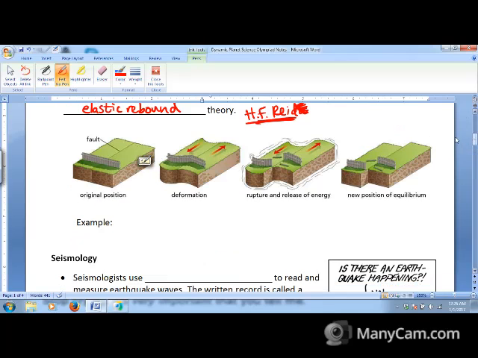So here's the basics of elastic rebound theory. We're going to monitor the progress of a fence, and we're going to say that there is some tension, some stress going along this plate and this plate that essentially causes some sort of a deformation. That deformation causes the fence to bend a little bit. Eventually, the frictional forces get overcome, and it just shoots past each other in a vibrant shaking, which is what an earthquake is.